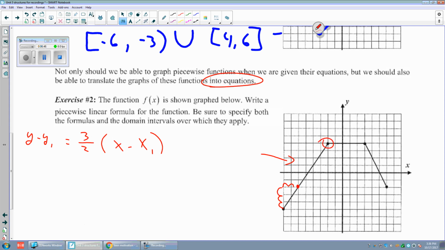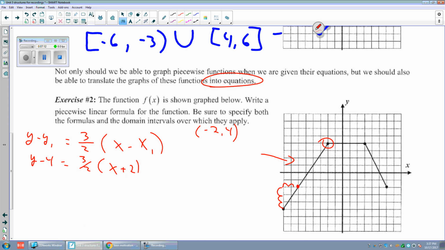Pick that one, -2, 4. Plug in the y value where the y is. Y minus 4 equals 3/2 x minus -2. If you subtract a -2, you're really adding 2. There we go. There's the equation.